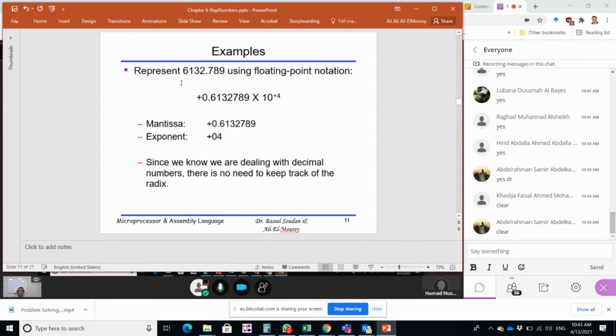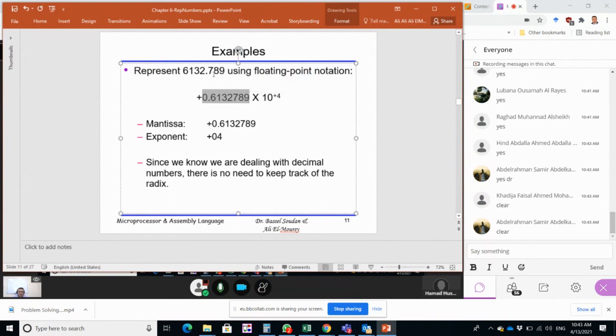Okay, so if I'm asking you to represent this number for me in floating point representation, you have to first do an operation called normalization. What is normalization? You have to represent the digits of the number as all fraction.